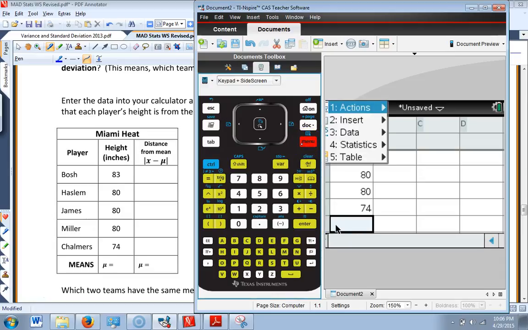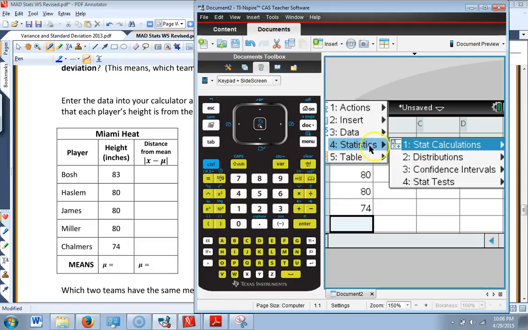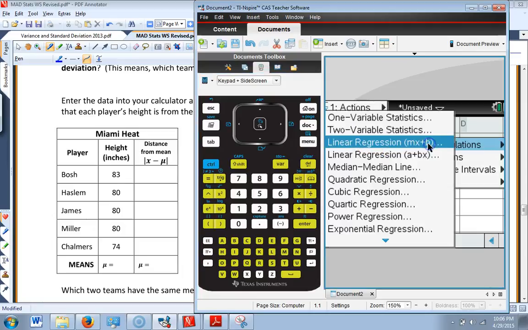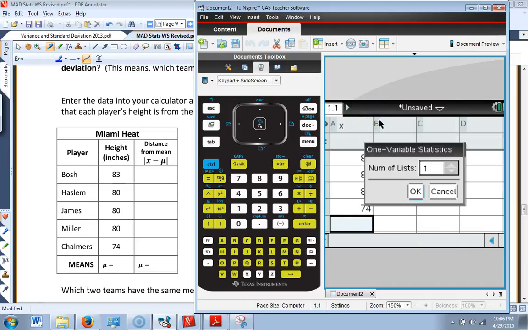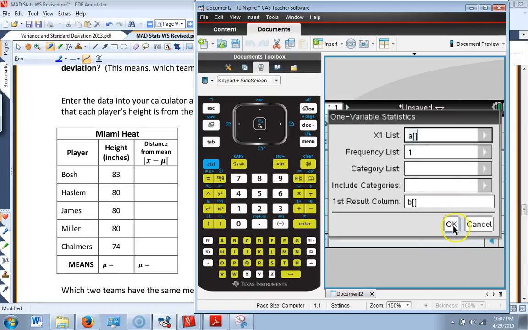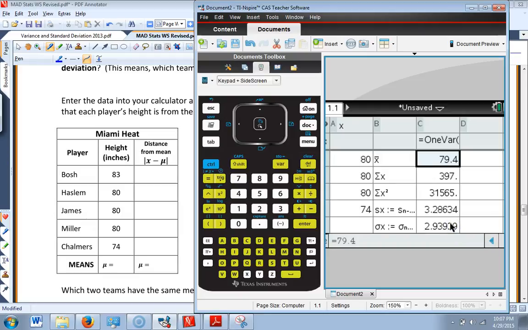If you need to pause the video right now, please pause it, finish getting your data in the calculator, and then we'll keep going. Push menu, go to statistics, then stat calculations, and one variable statistics. We just keep pushing OK until a whole bunch of stuff shows up on the screen.